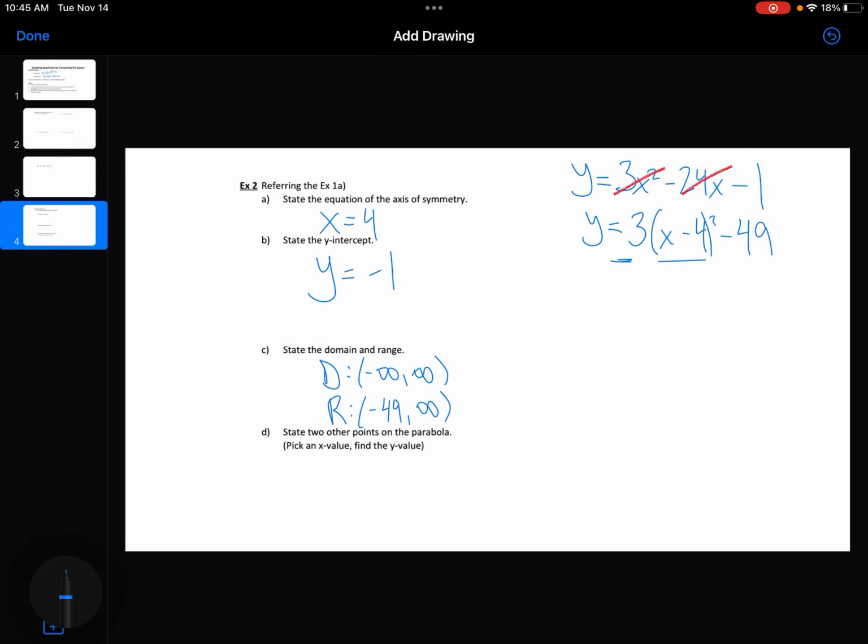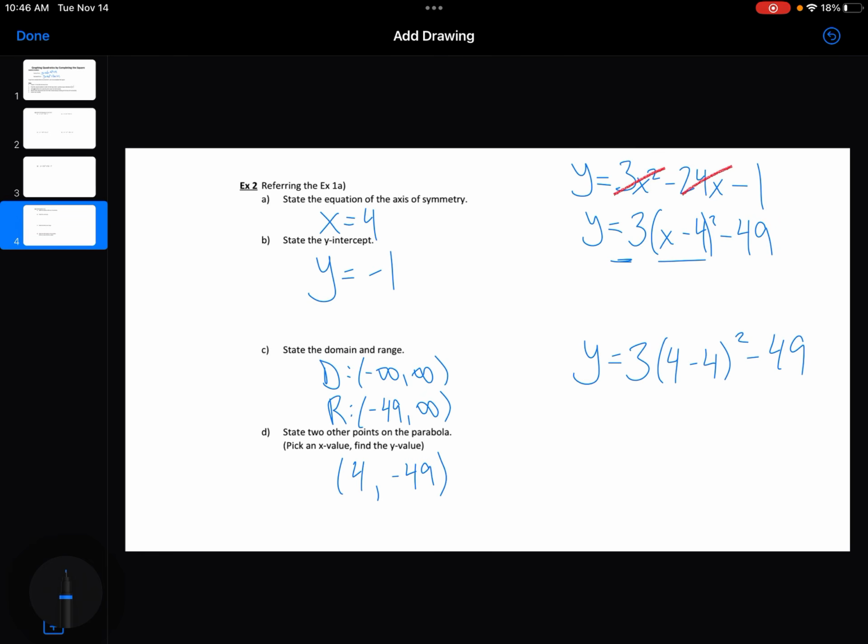And then 2 other points on the parabola. All I would do is pick any x and find my y. So if I picked, say, x equals 4, I'm picking that for a reason, but I would do y equals 3, and then I would have 4 minus 4 squared minus 49. So then I would get 4 and negative 49.